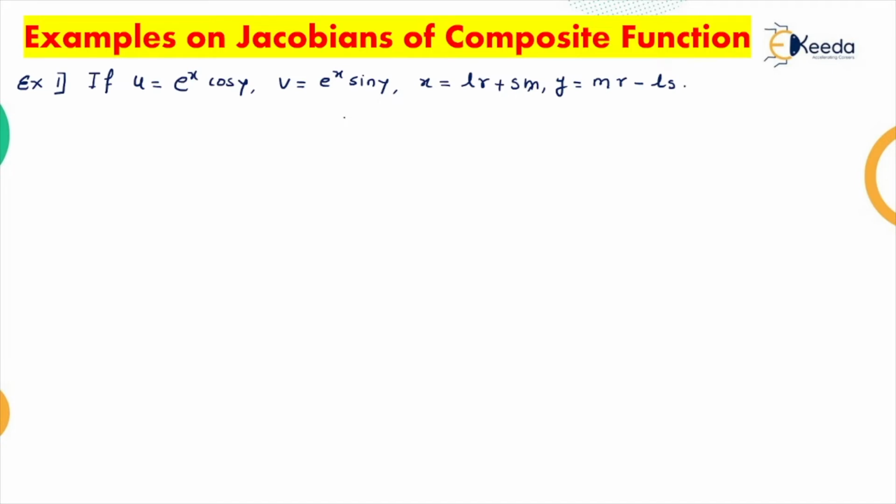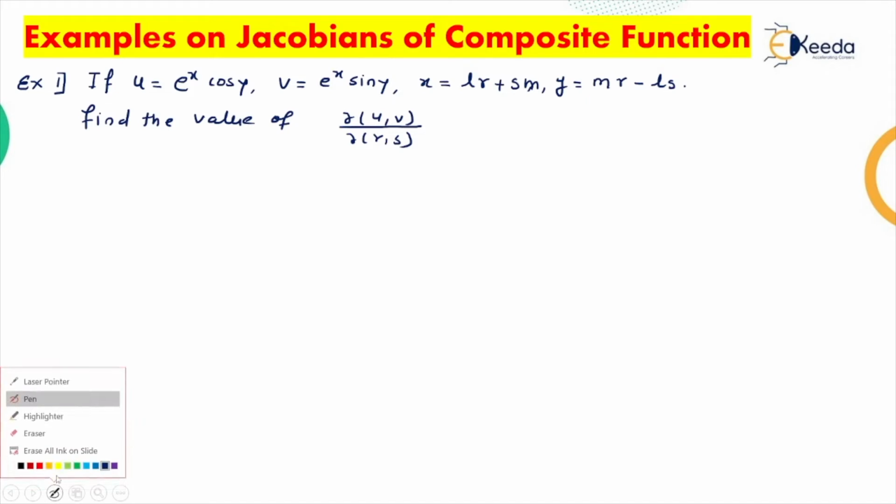These are the given functions. Find the value of the Jacobian of u, v with respect to r, s. How will it be found? Now let me start the solution.